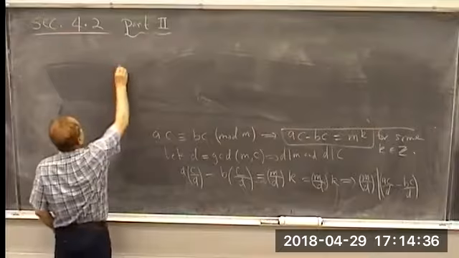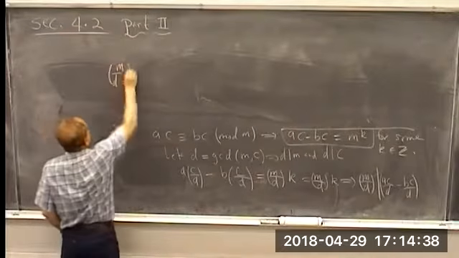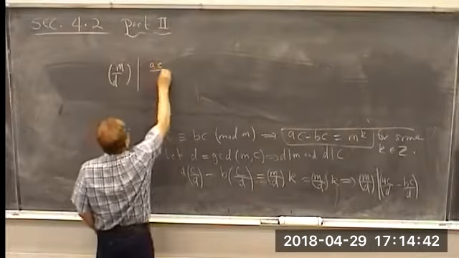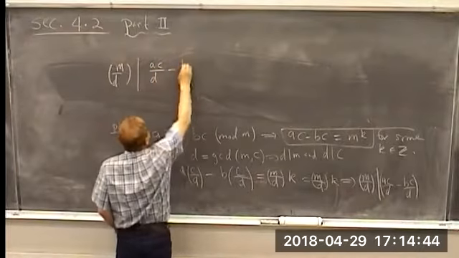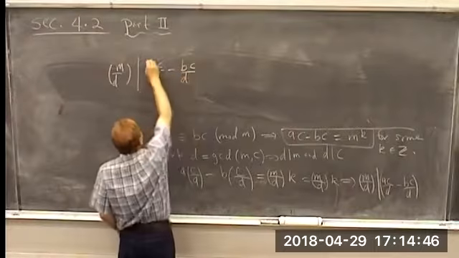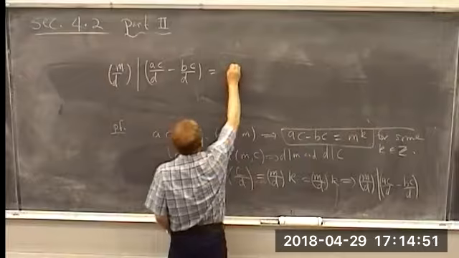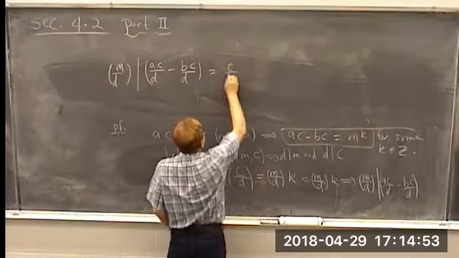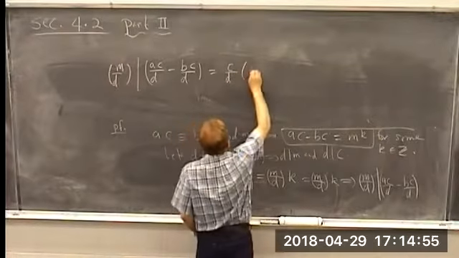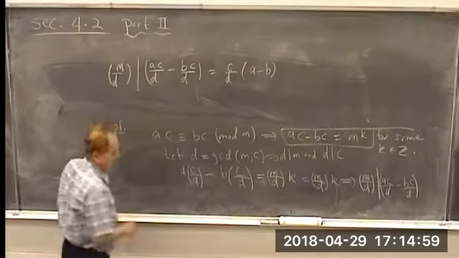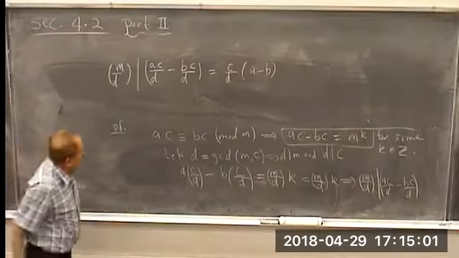So we have M over D, this divides AC over D minus BC over D. Let me write this as C over D multiplied by A minus B. Okay, so we have this divisibility relation.